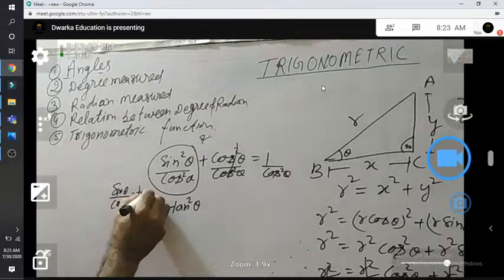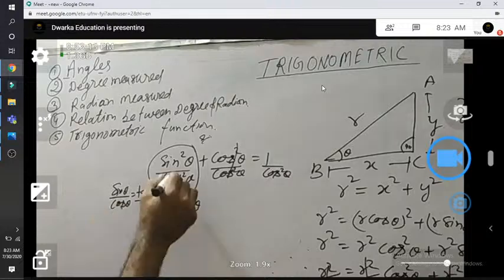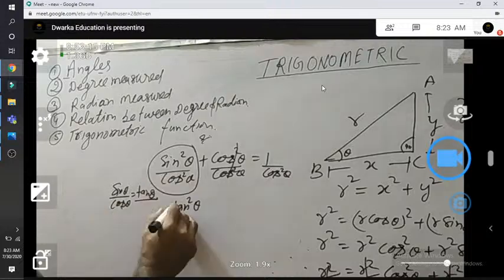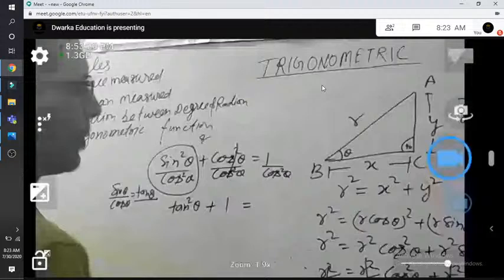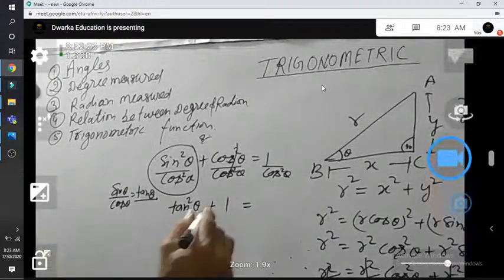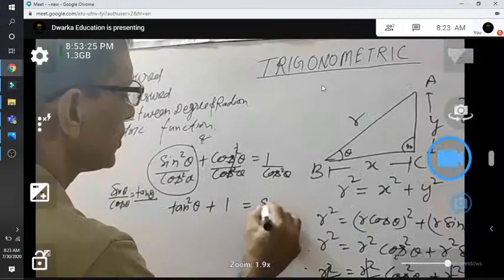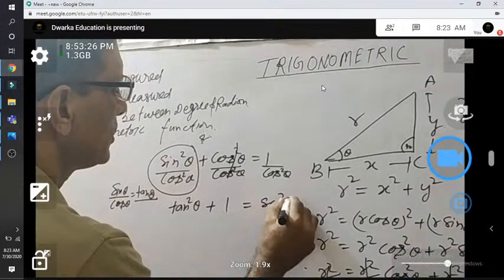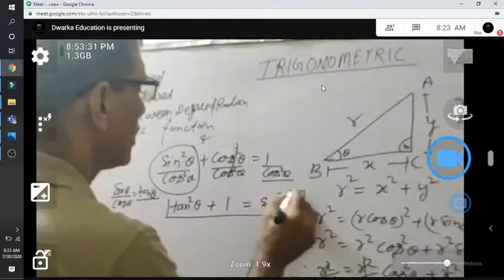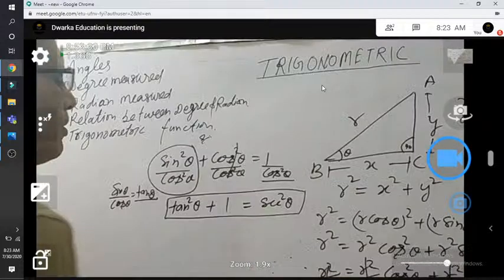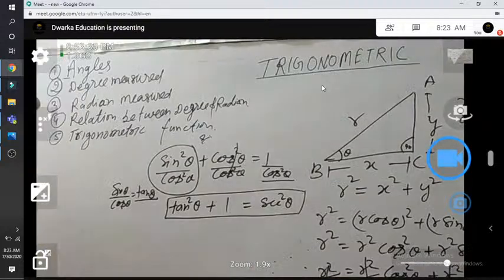This is the property. So we can say that tangent square theta plus 1 is equal to 1 over cos square theta, which is equal to secant square theta. This is the second property of the trigonometrical formulas.